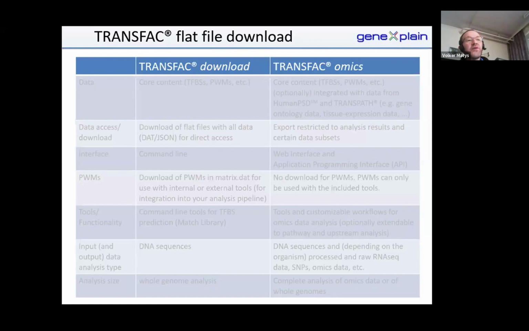However, in most regards what I'm mentioning here, the various packages are the same, but there are also some differences. First of all, the core data, the TRANSFAC core data, transcription factor binding sites, positional weight matrices, and so on, are of course the same between the download and the online version.